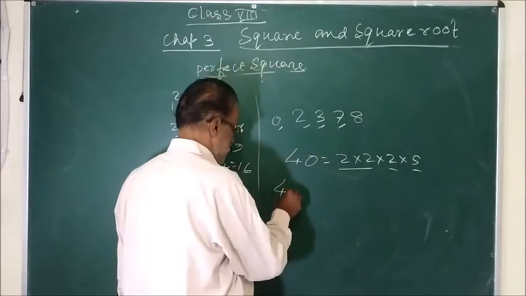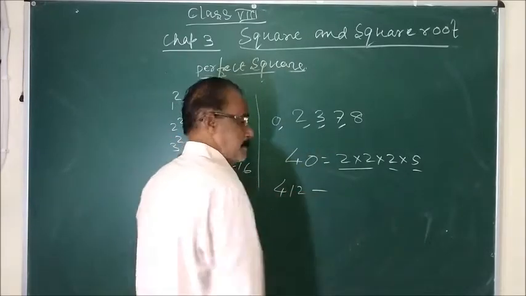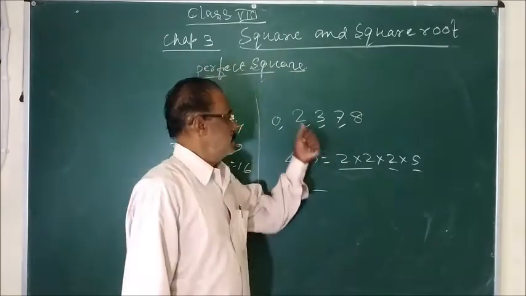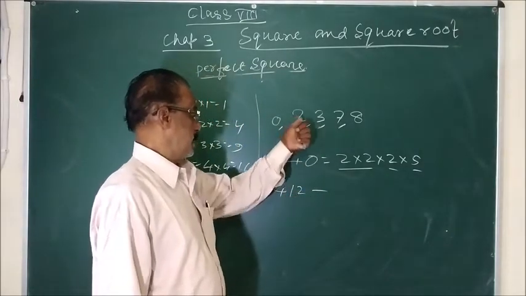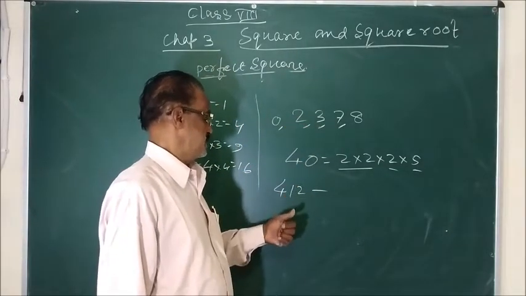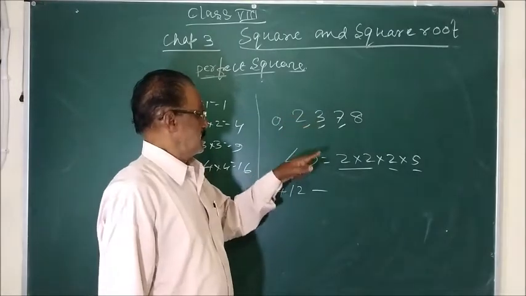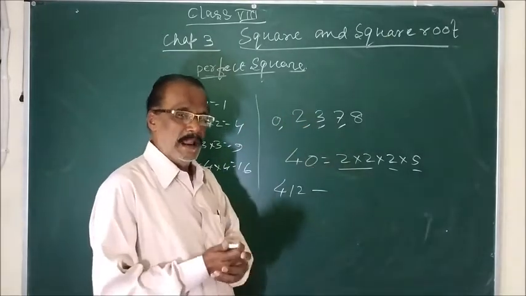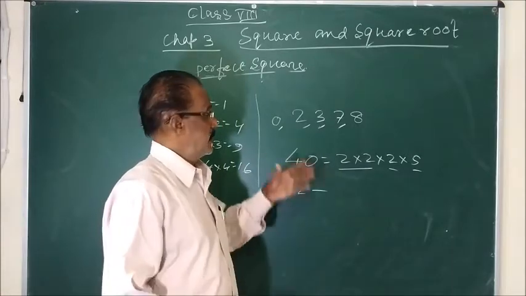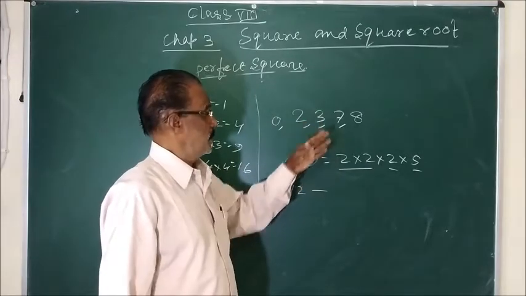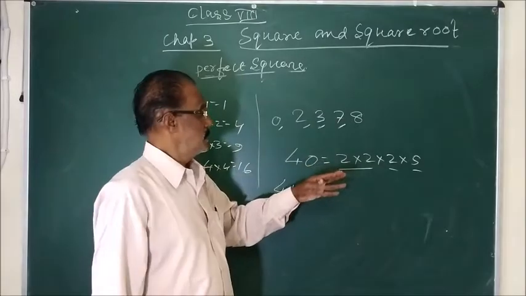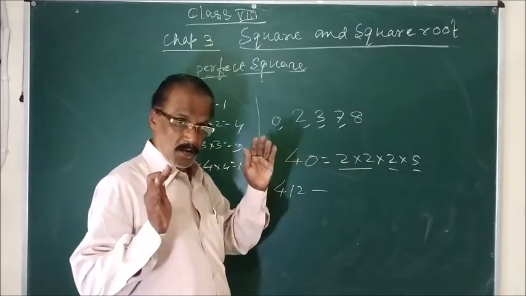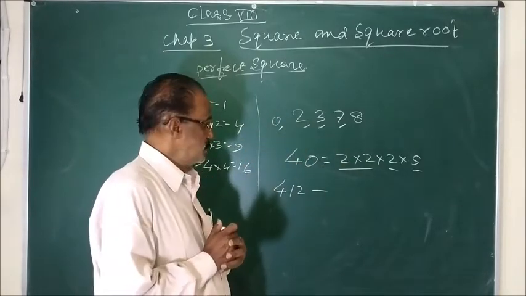If I tell you 412 is a perfect square, you can say no sir, because 2 is in the ones place. What is the rule? Because no number, if you multiply it by itself, will give 2 or 3 or 7 or 8 or 0 in odd number.